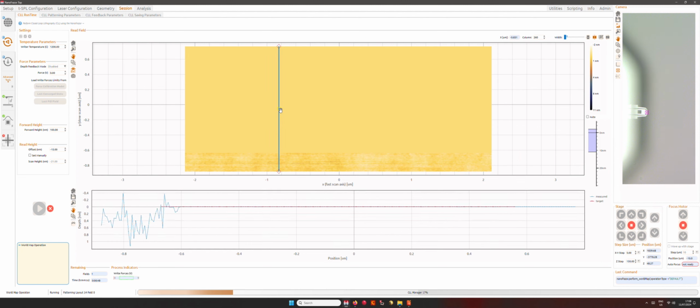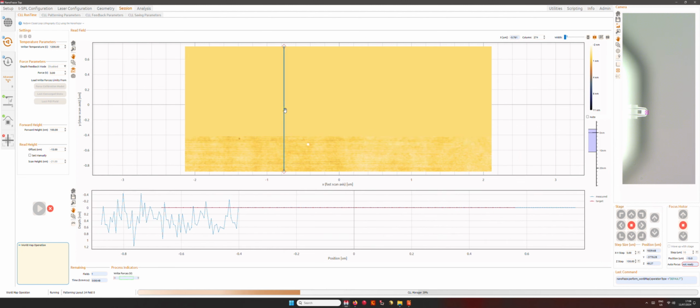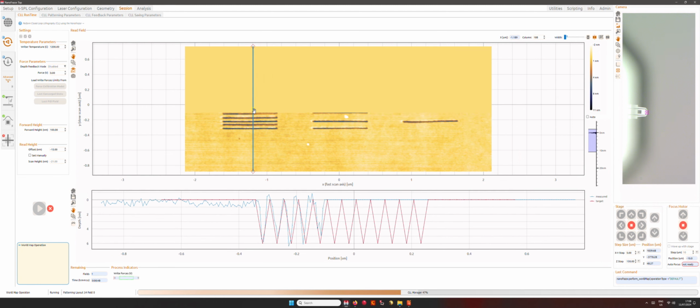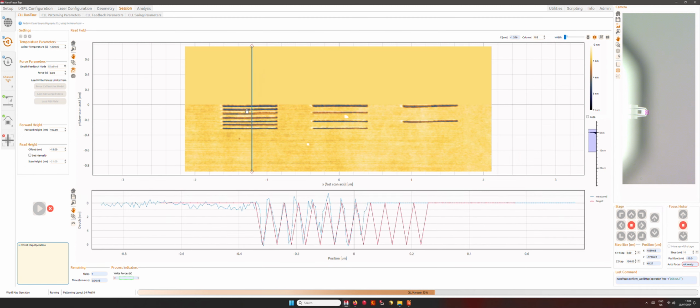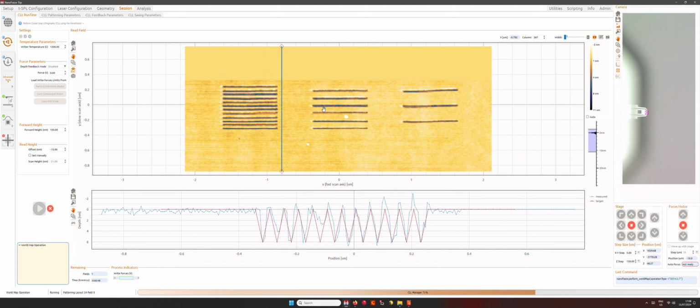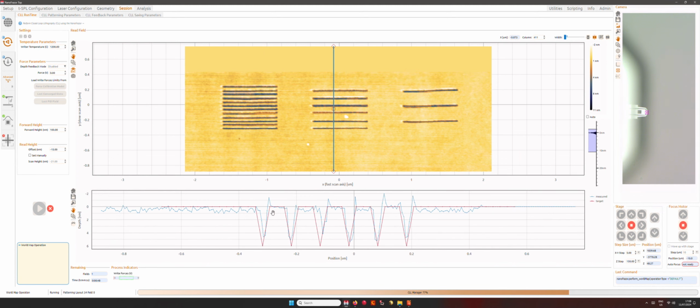So in this case, we can see that we're writing quite nicely. This is a 25 nanometer half pitch. We have a little bit of pileups that you can see.